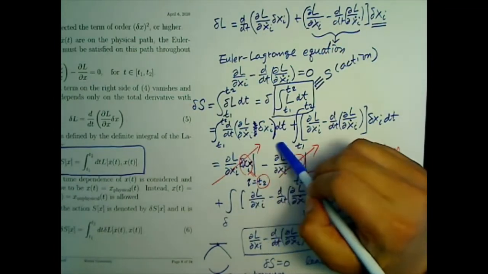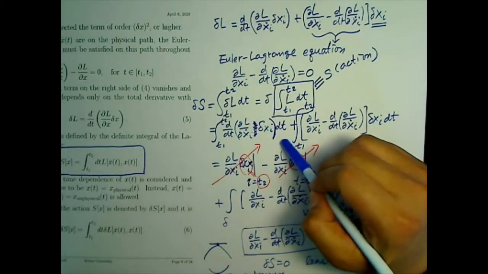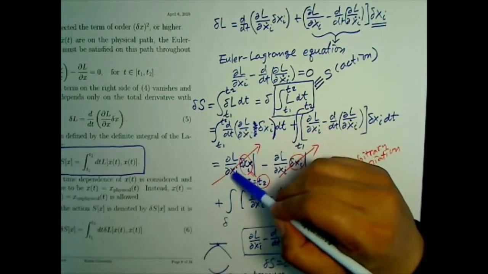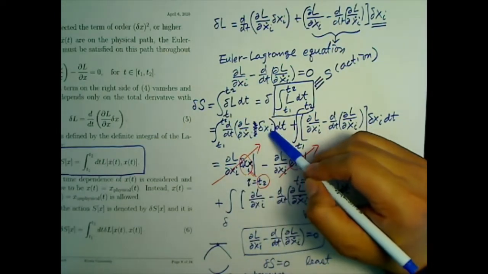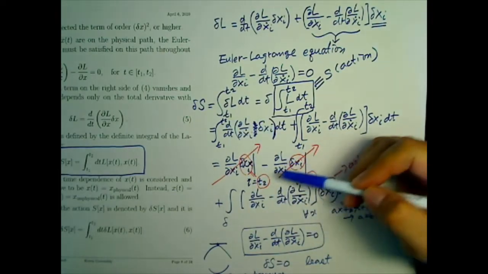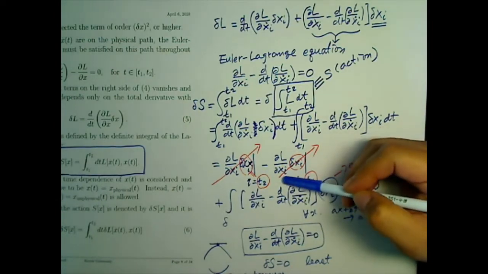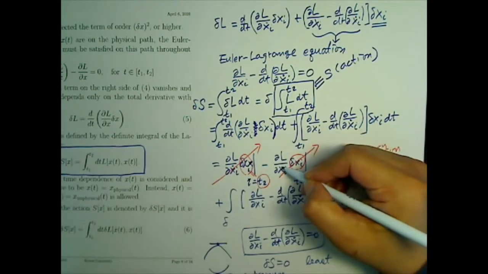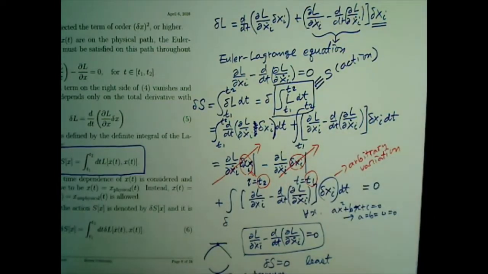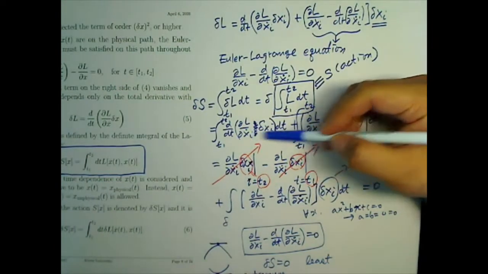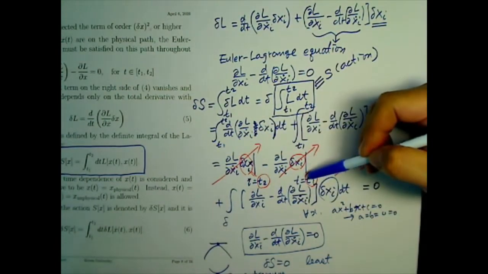The first term is a total derivative. Therefore, this value, the conjugate momentum multiplied by delta xi, evaluated at t equals t2, subtracted by the conjugate momentum multiplied by the variation at the end point t1.